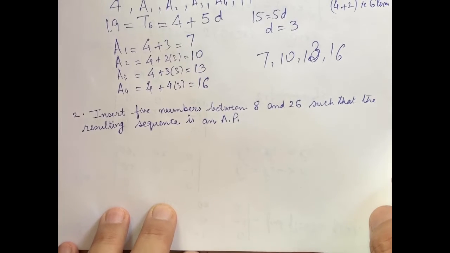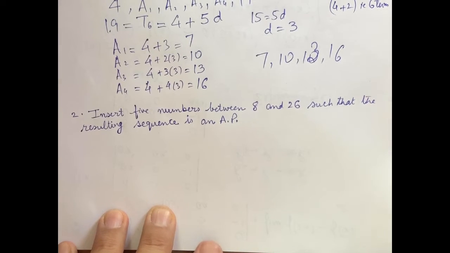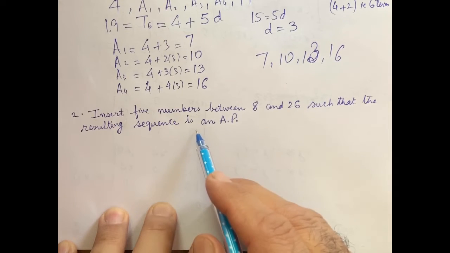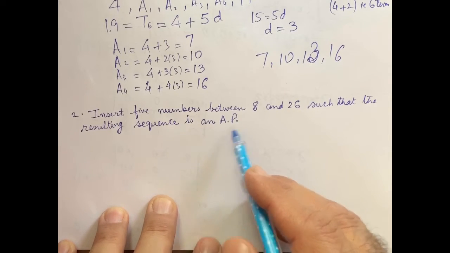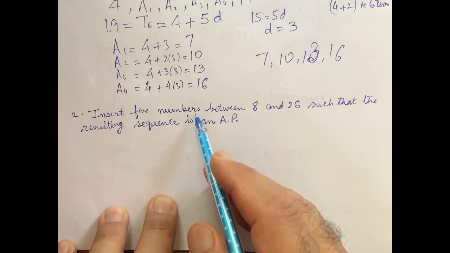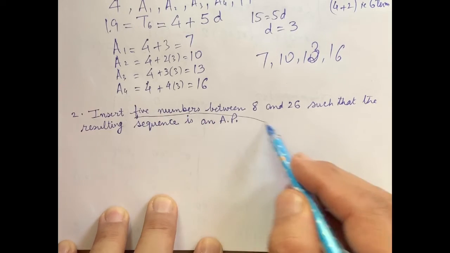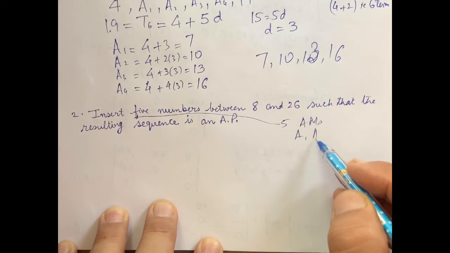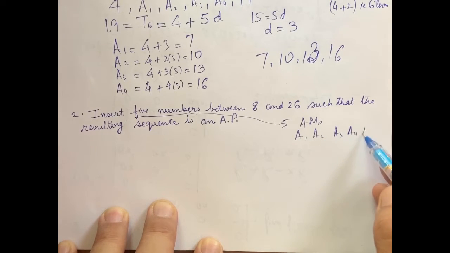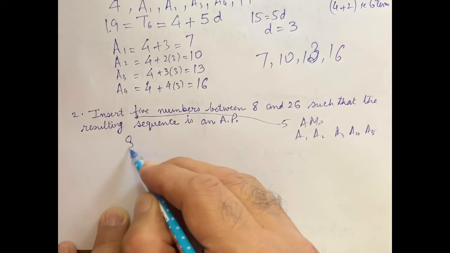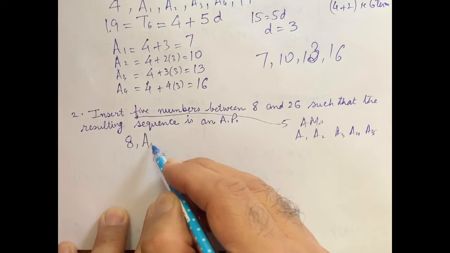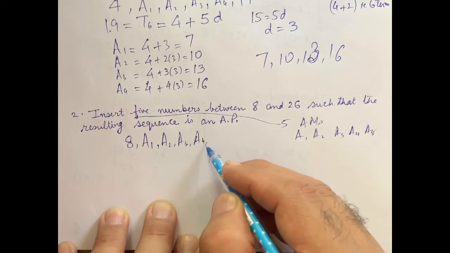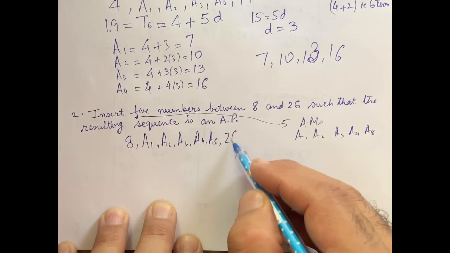The next one, we have to insert 5 numbers between 8 and 26 such that the resulting sequence is an AP. So what are these 5 numbers? These are nothing but 5 arithmetic means. Let's say a1, a2, a3, a4 and a5. So that means 8, a1, a2, a3, a4, a5 and 26.